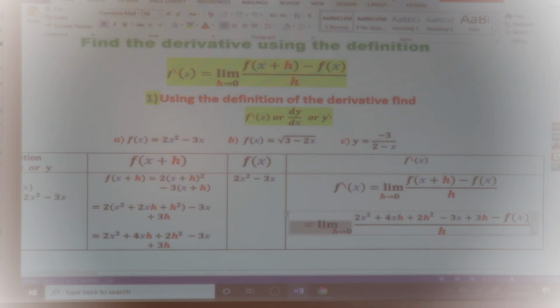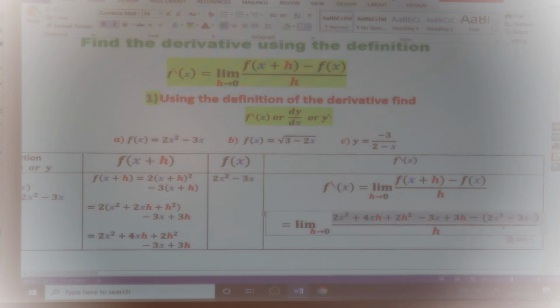I'm going to take f of x. Now look here: because of the negative sign, I'm going to add parentheses and put this guy here instead of x. Okay, good job. You see, f of x plus h, leave it, all this guy from here.